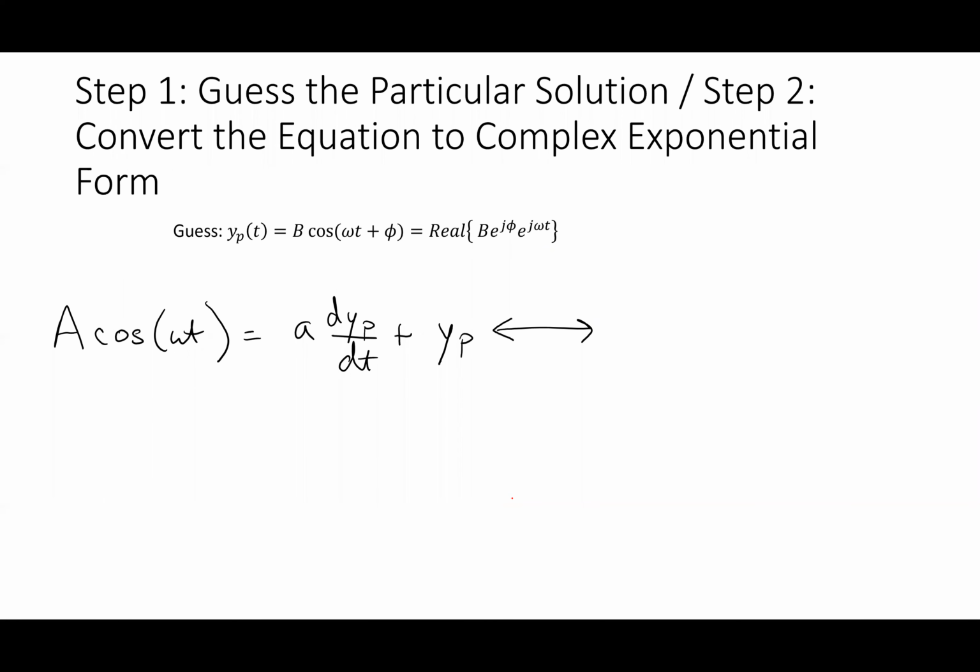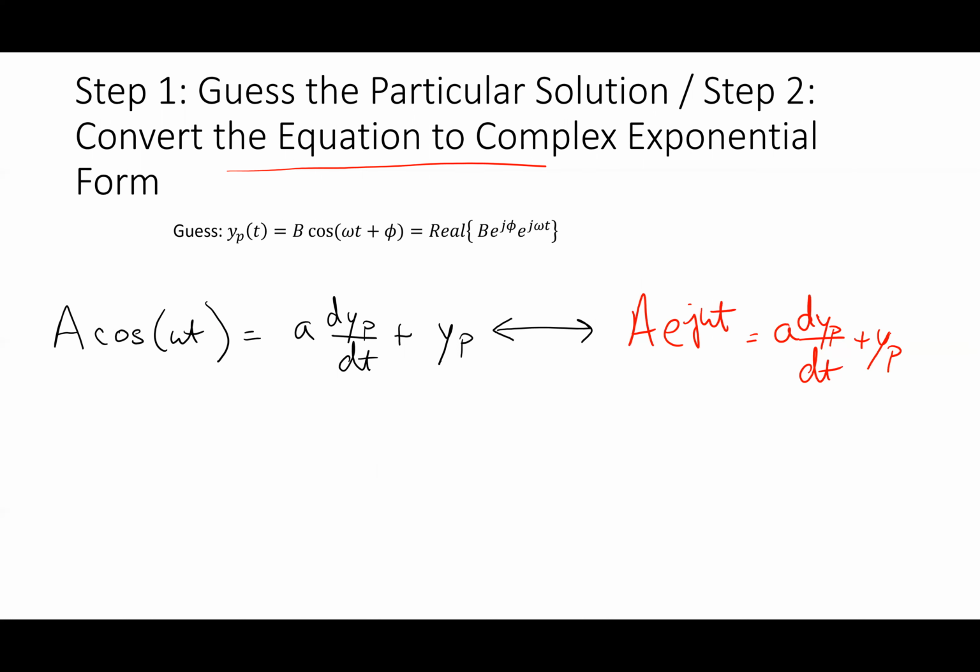All right. So the first part, A cosine omega t equals this whole thing right here. I've got to convert this into complex exponential form. So this guy becomes A e to the j omega t equals A dyp dt plus yp, like that.